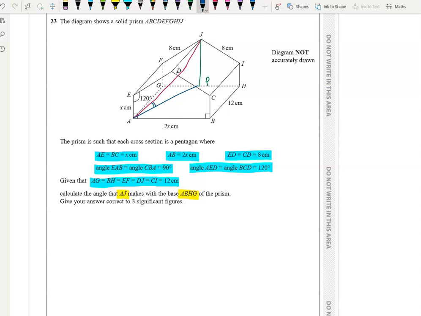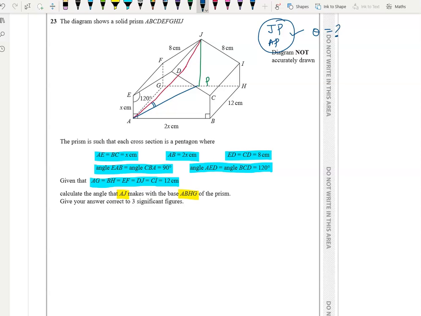So we need to find this angle. Now to work out this angle, if I know side JP and side AP, I can use SOHCAHTOA and I can get the angle theta, which is the angle between AJ and the base of the prism.